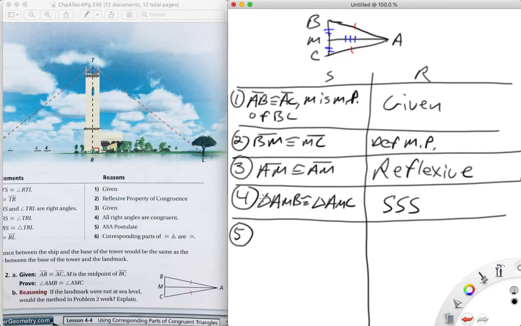Therefore, I can say that angle AMB is congruent to angle AMC. Corresponding parts of congruent triangles are congruent. 5 steps.